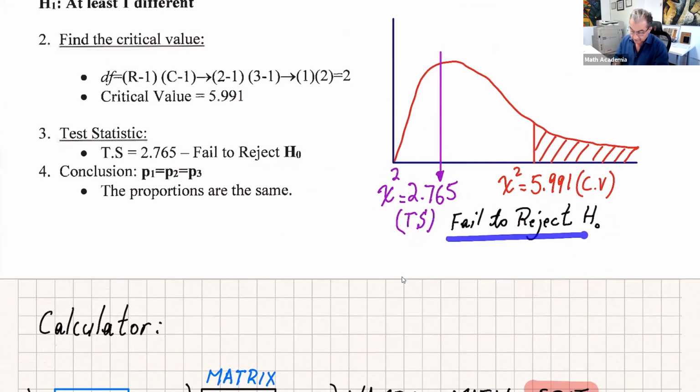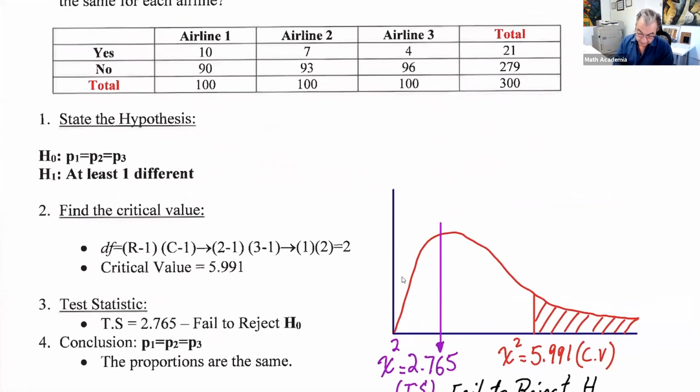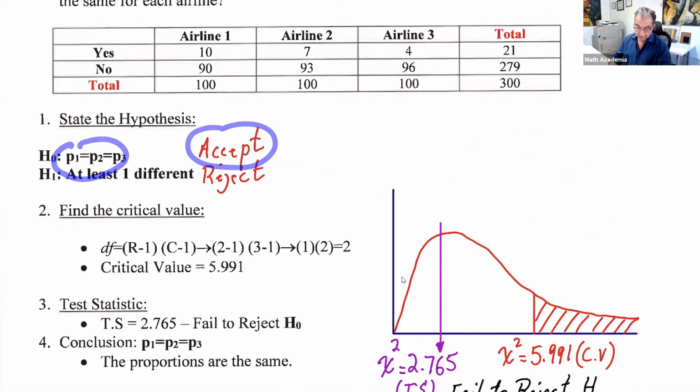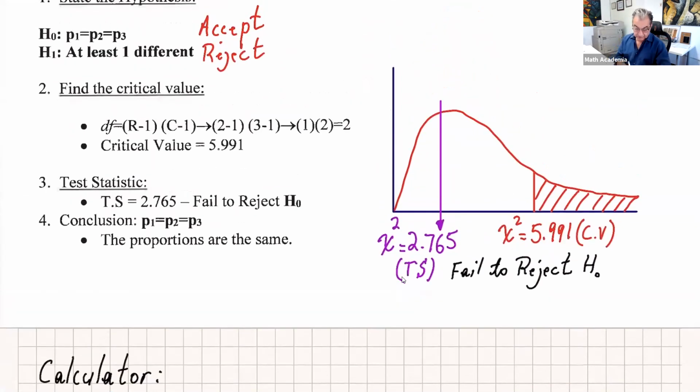Non-shaded region, so right away you can say fail to reject H0. Fail to reject H0, that means accept H0 and reject H1. We are accepting that all 3 proportions are the same. So for the final conclusion, you can just say fail to reject H0, conclusion P1 equals P2 equals P3, or you can say the proportions are the same.